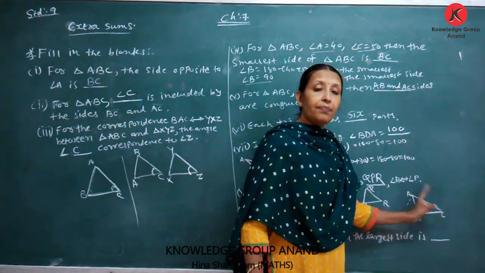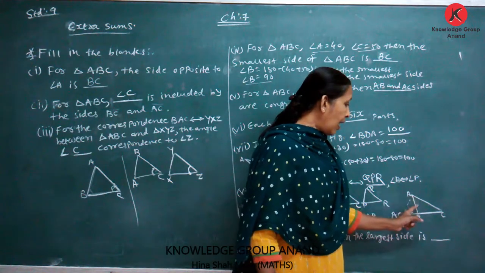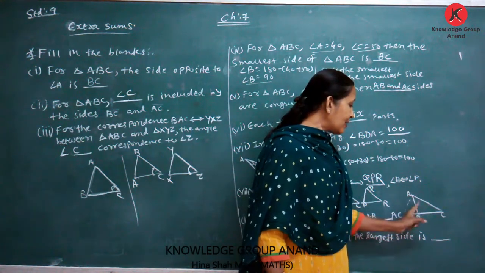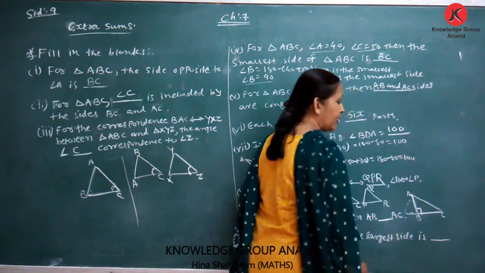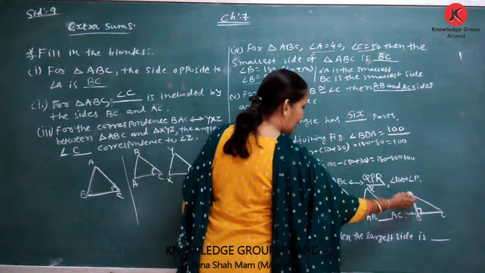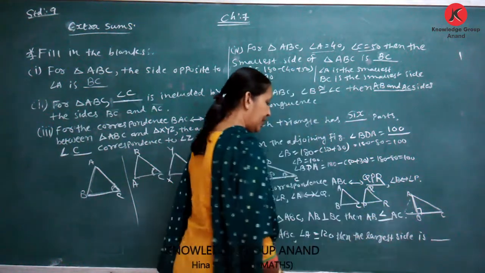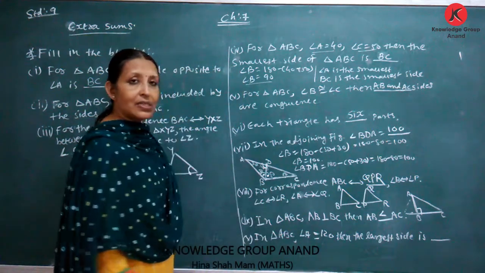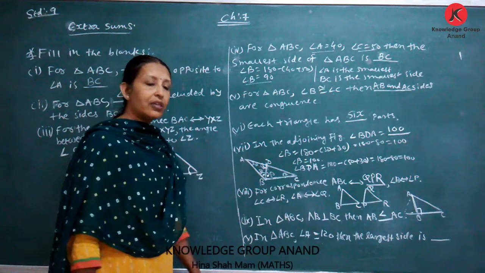On line N, a point P out of line N, then here the perpendicular is the smallest of any other segment. AB is less than AC. AB is less than AC. Perpendicular is always smaller than other segments.